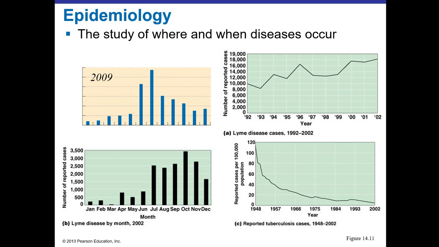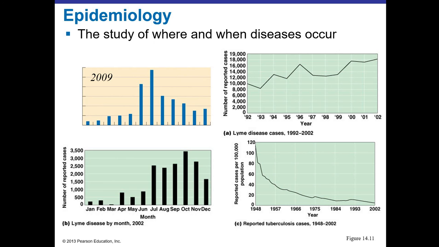That is why we always have to track things. Epidemiology is more important than ever. Studying where and when diseases occur is important in understanding when they're going to reemerge or how they are going to act within a population. If we look at some examples here, on the left-hand side, the bottom looks at Lyme disease by month in 2002.